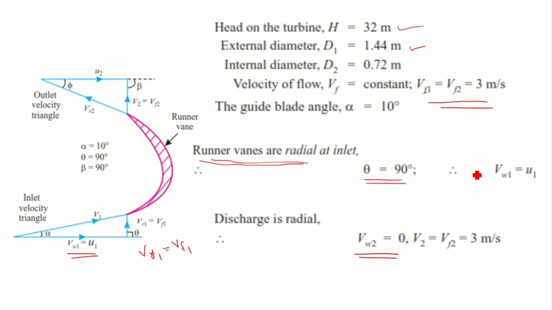So from the given data itself, we can find out the values of various other terms. So from this equation, we know that Vr1 is equal to 3 meter per second. V2 is equal to Vf2, so V2 is equal to 3 meter per second. Like that, we have already found the values of certain terms.